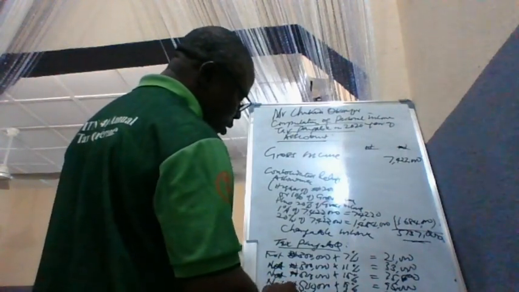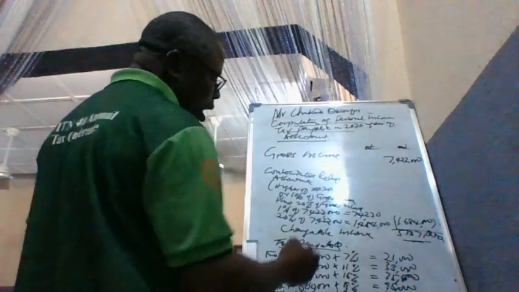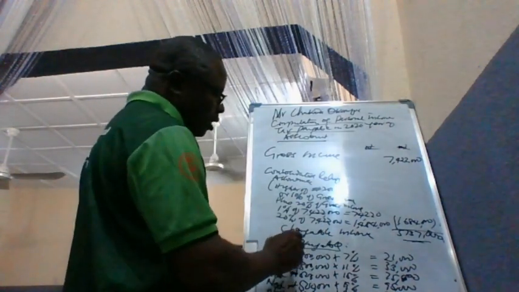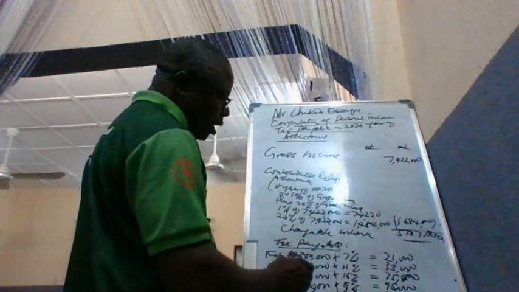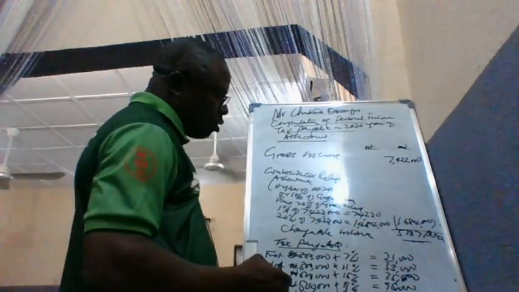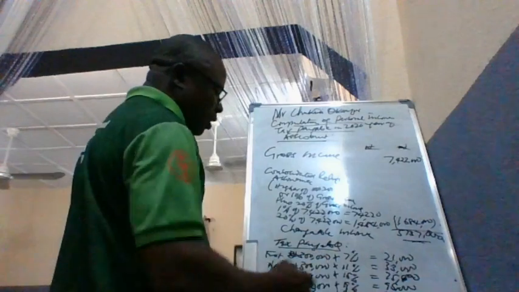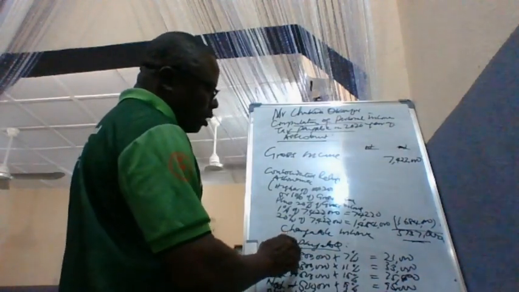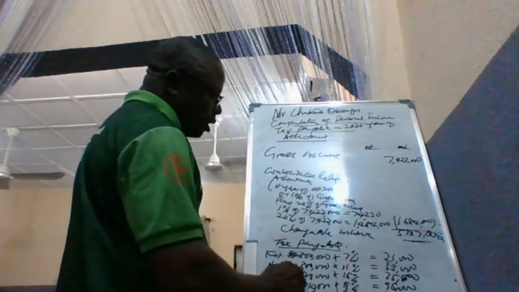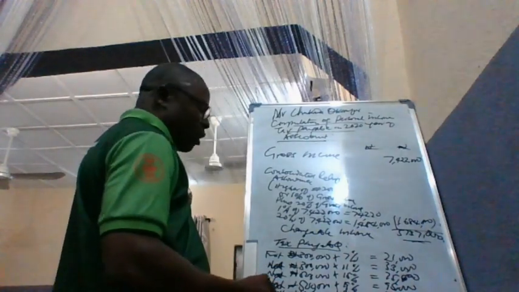Then above 1.6 million, what is the figure? How do you know the above? You add all these figures and subtract the total from the chargeable income to know the balance, which will now use the last rate. If you add this, it is 3.2.